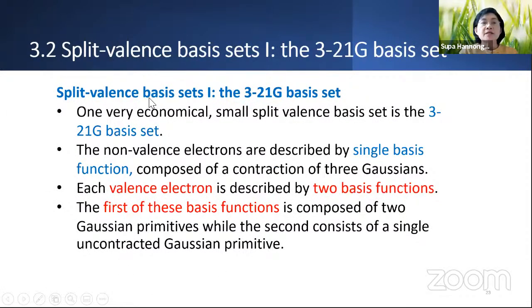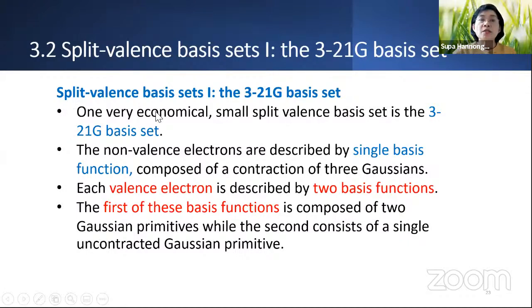So now, double zeta continues for the split valence basis set, the 3-21G basis set. I would like to tell you that this is a very famous and very popular basis set, especially for most organic molecules. If you would like to run ab initio, you need to use at least the 3-21G basis set.